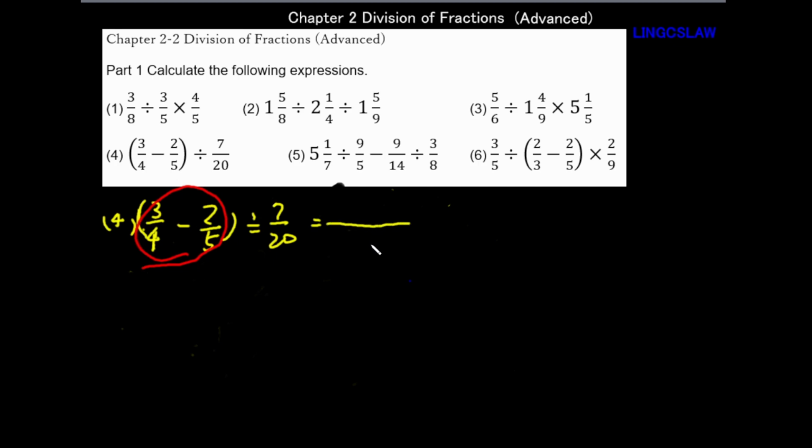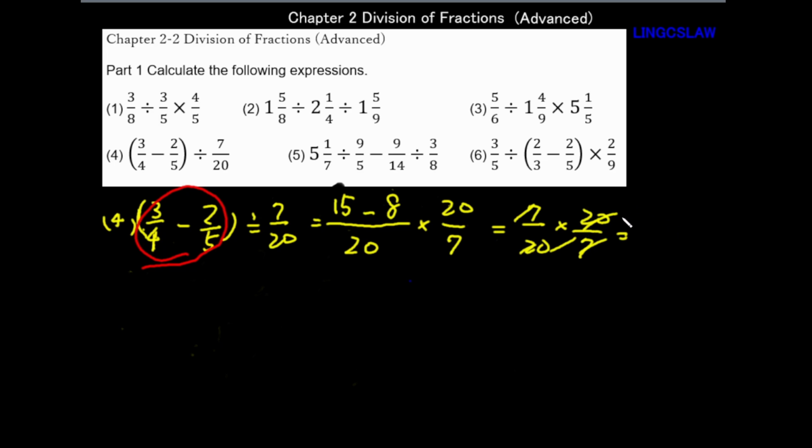So 4 times 5 is 20, and 5 times 3 equals 15, minus 4 times 2 is 8, divided by 7 over 20. Okay, let's switch to multiplication, and 15 minus 8 equals 7, over 20, times 20 over 7. Everything is standard. The answer is 1.